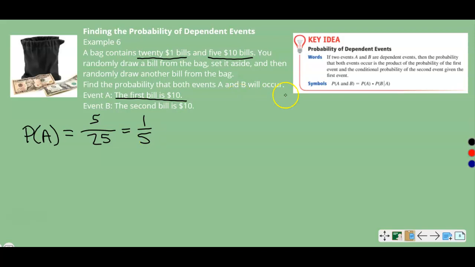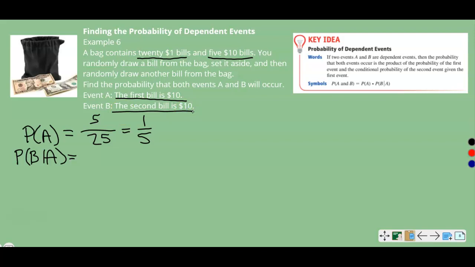All right, now we need to find the probability of B given A. I keep writing down a B because I'm thinking probability, but then I'm thinking about event B. Guess I'm just getting ahead of myself. So event B again is the second bill is a $10 bill.